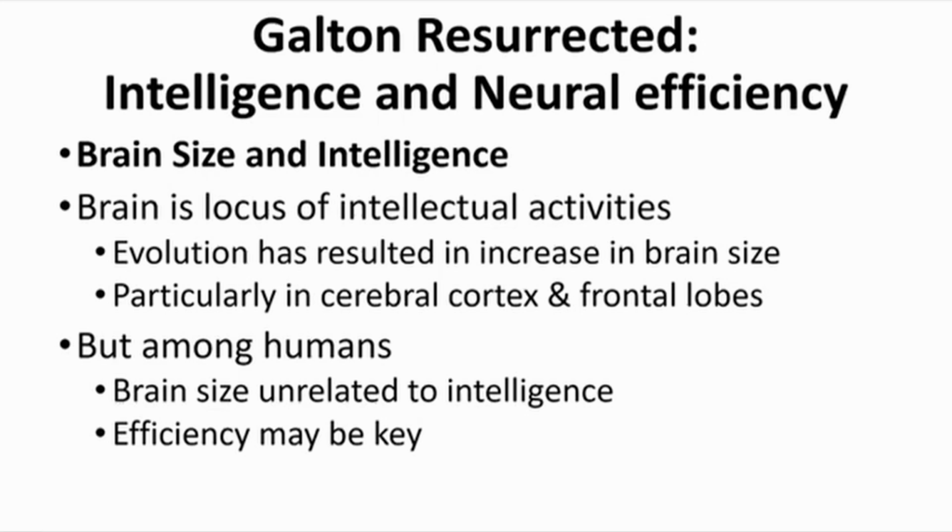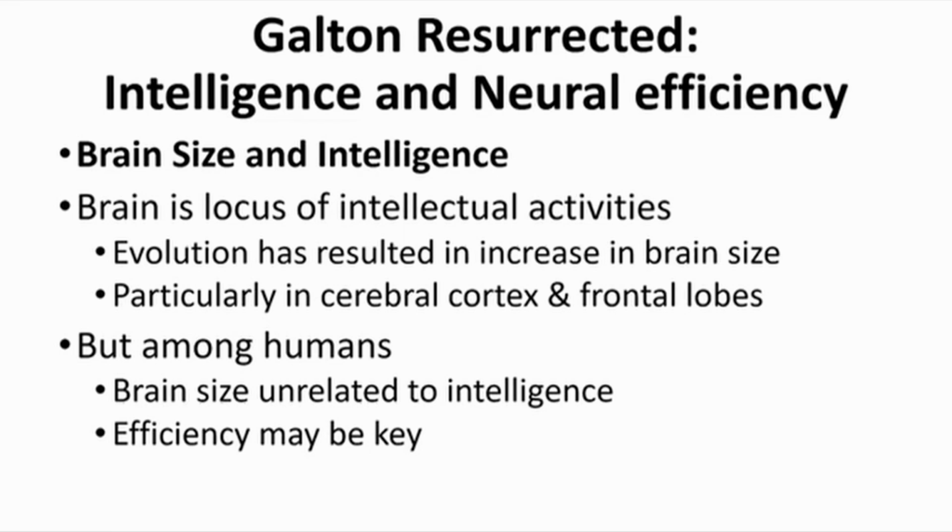All right. Now, at the very end of this section, the textbook revisits the ideas that Galton was talking about at the very beginning of this chapter, trying to look at that correlation between certain physical measures and intelligence.